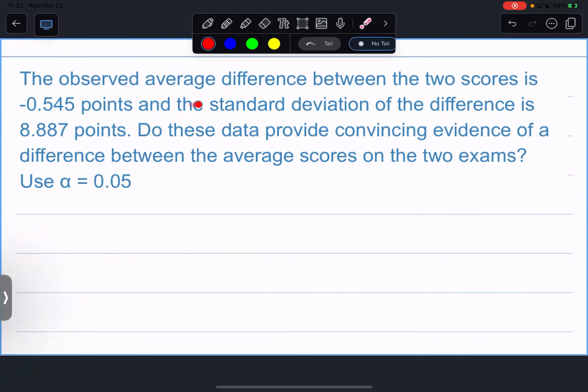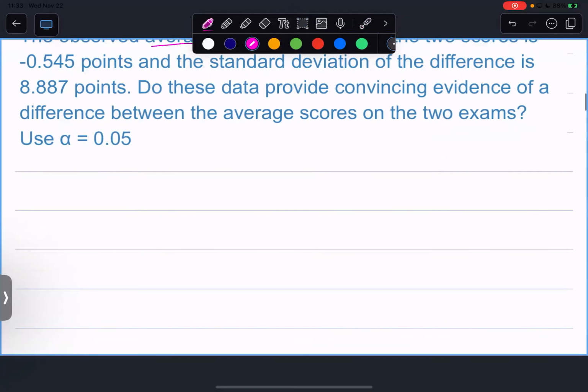The observed average difference, that's your X bar of the differences between the two scores, is negative 0.545 points, right? So I give you what it is, and then you have to plug it into the equation.